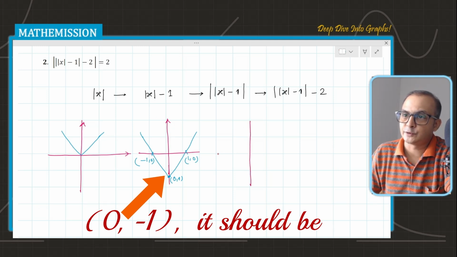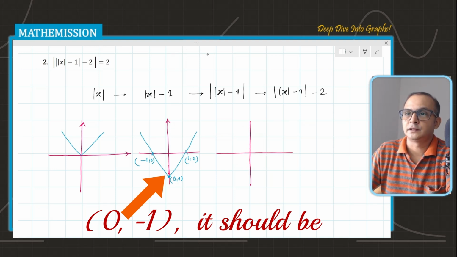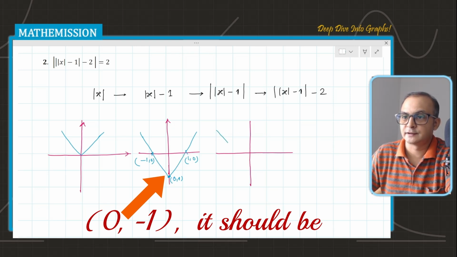Now I have to take the mod of this whole thing. So you can see that if you take the mod, the portion you see here in this part will be reflected, and so I have the graph. It looks like this will go to the 1, 0, and again this will come down for that portion. I'm taking the reflection, and again it will go up.